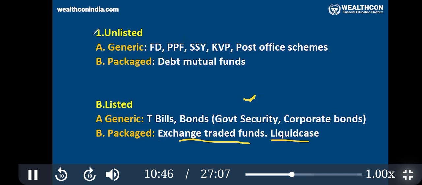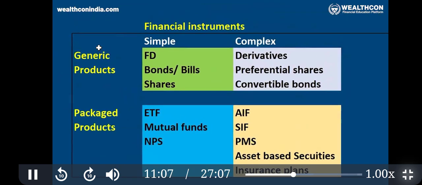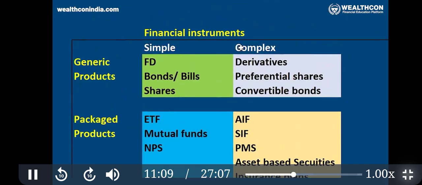So debt products we classify into two categories: unlisted and listed. Within these categories, the subcategories are generic and package. Don't confuse this with the classification we did earlier, which was the global classification. That was the overall classification based on simplicity and complexity, and we are focusing only on simple.